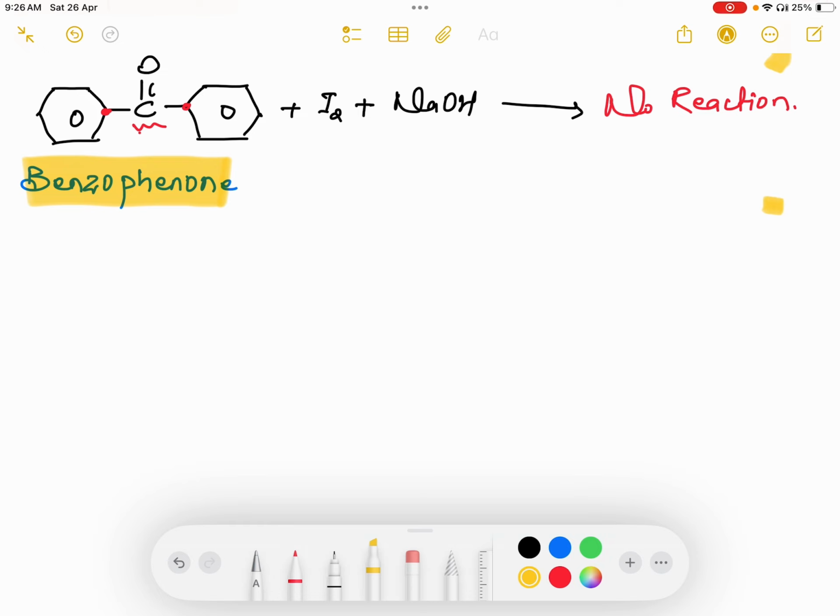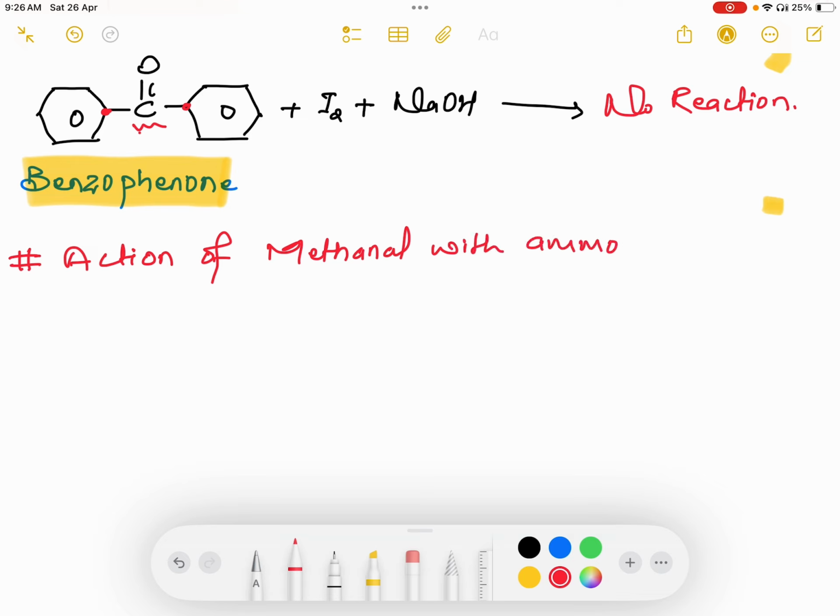The last we have is the action of methanol with ammonia. Again, I found this question, so let me go for this as well. What will happen when methanol is treated with ammonia? So HC double bond O, H group, this is your methanol, and we need to treat it with ammonia.